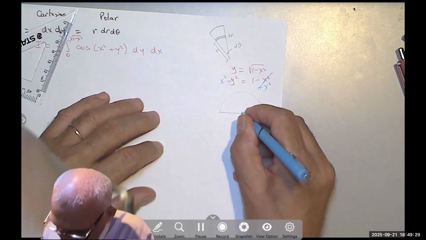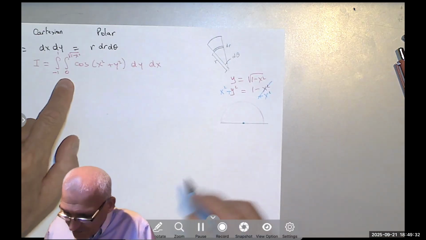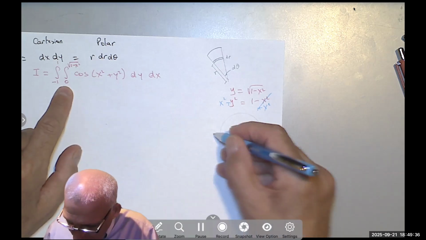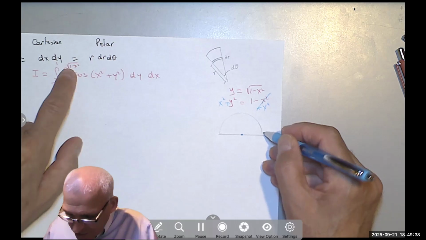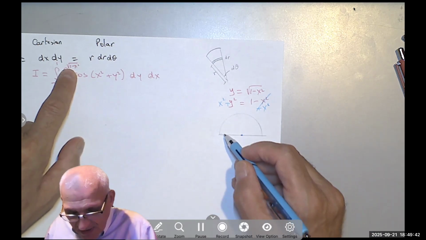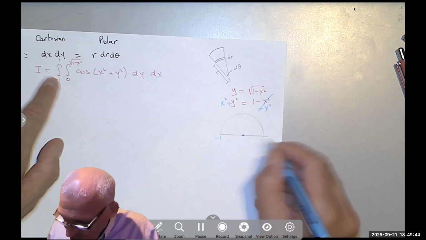Here is the origin. The y goes from 0, which is the x-axis, to this circle. The x goes from -1 to +1.